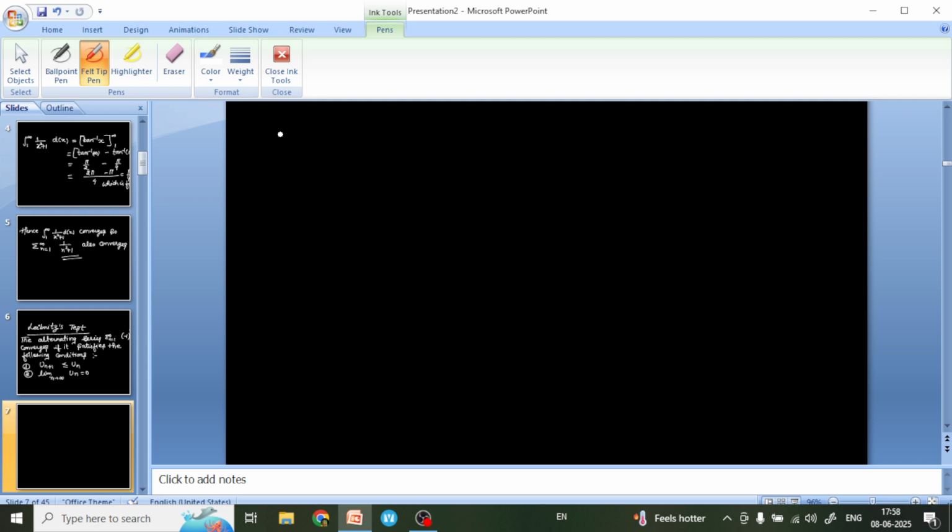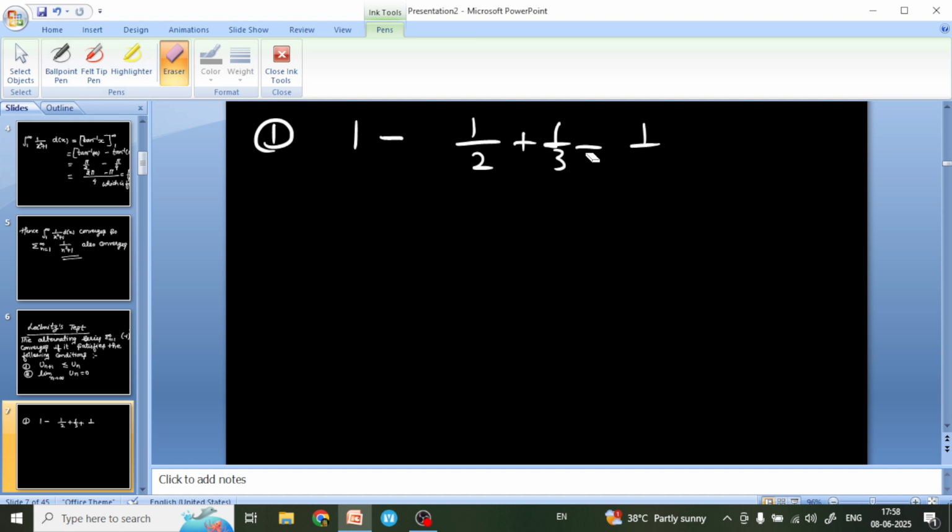We will take one question for implementing this formula. I will take one question related to 1 minus 1 by 2 plus 1 by 3 minus 1 by 4 plus and so on.